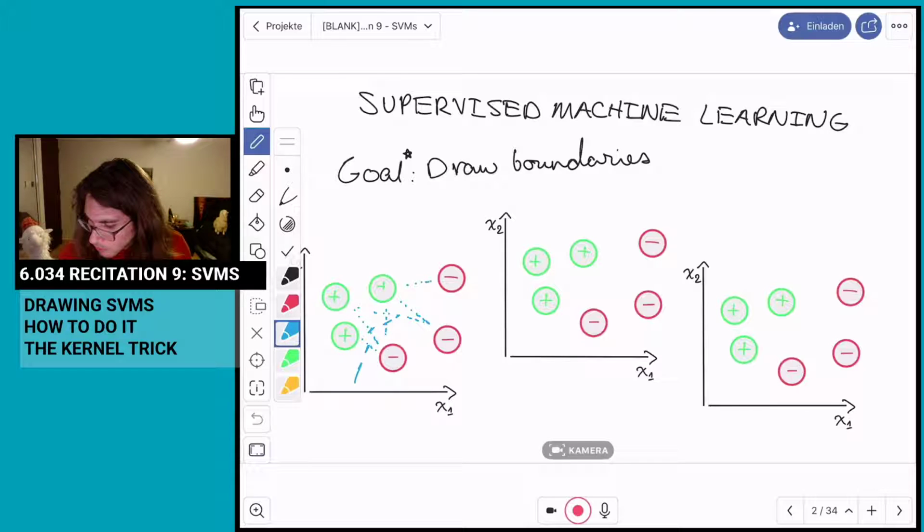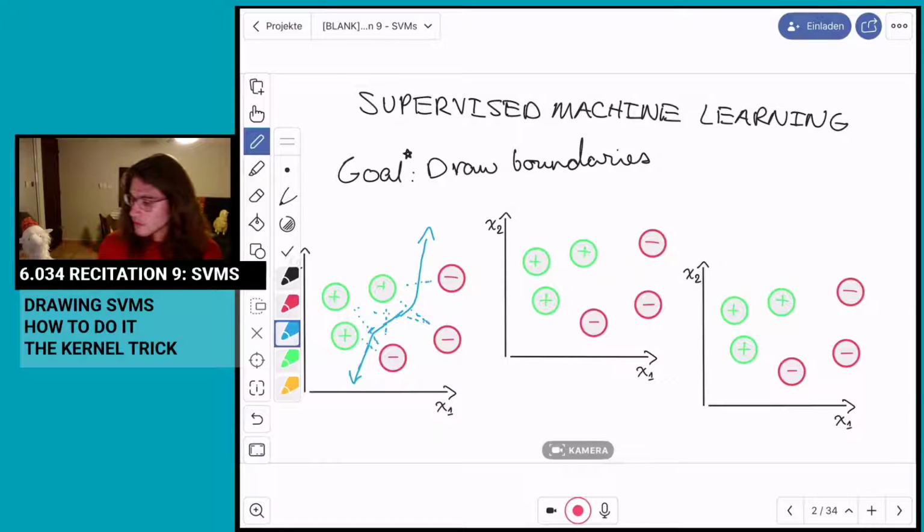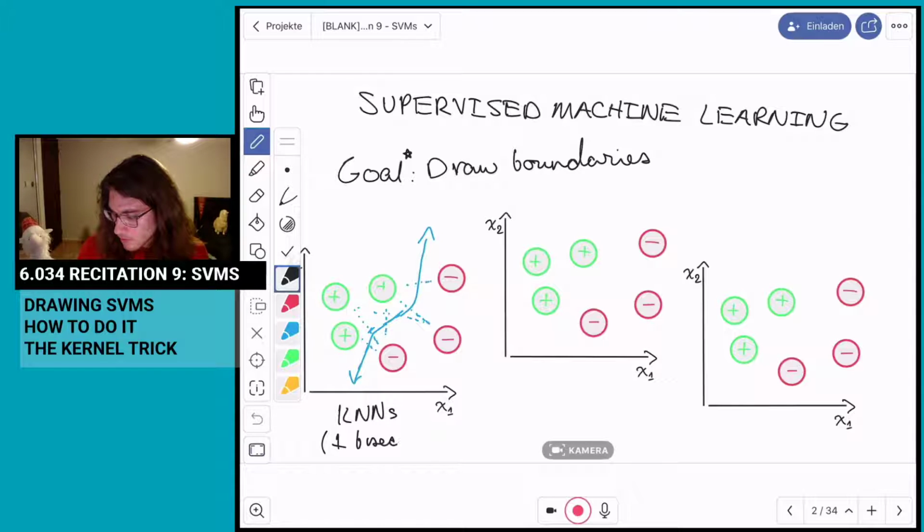I'm not going to be extremely thorough. So I would have some sort of boundary like so. It's not meant to be precise. It's meant to be a recap so that you remember what we were doing on that recitation. So this is k-NNs, and we were relying on the perpendicular bisector. If we're saying that supervised machine learning is drawing boundaries, then this is one style of supervised machine learning in this analogy that I'm drawing.